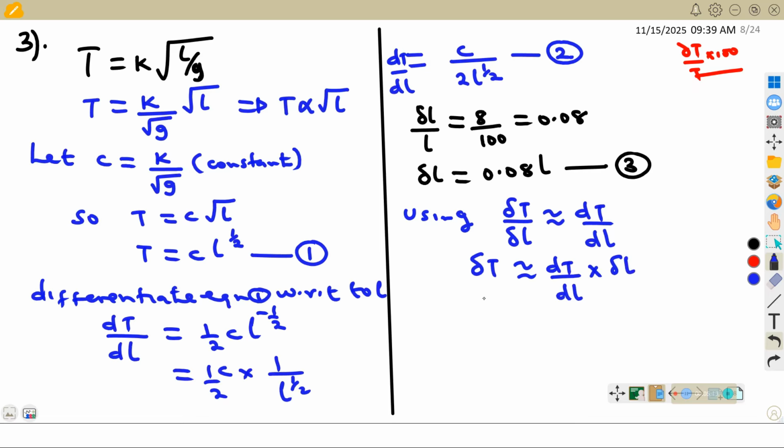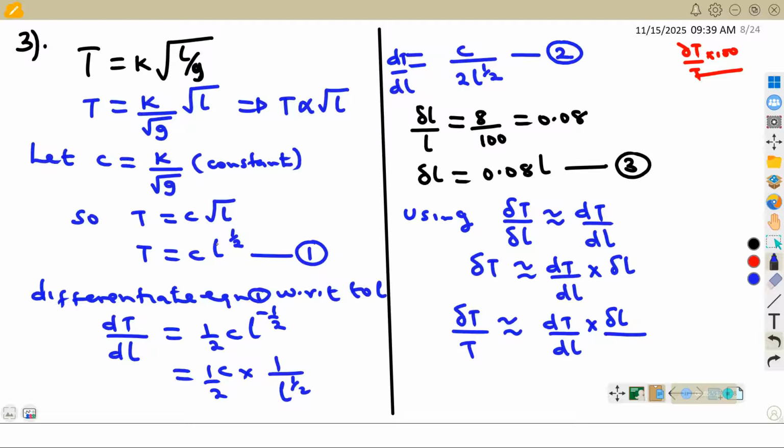From this, we already have dt dl, but we are interested in the percentage increase, so we are interested in getting the expression delta t over t. To introduce t, we divide both sides by t. So delta t over t will be approximately equal to dt over dl times delta L divided by t.